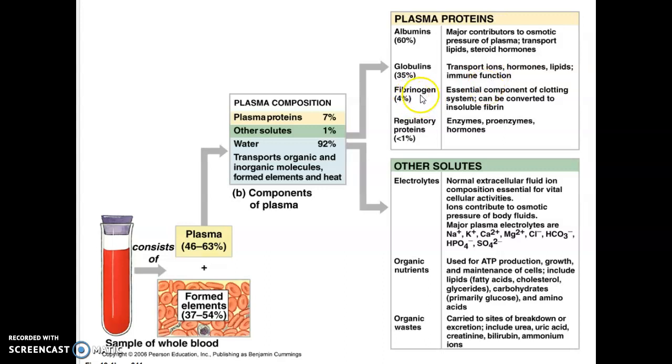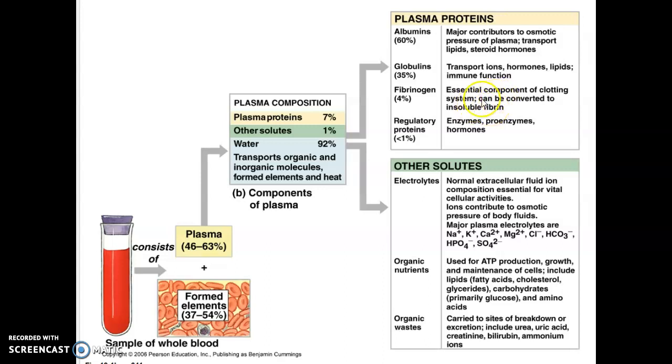Okay, we have a plasma protein called fibrinogen, and it is something that is converted from a fluid type into an insoluble type. We can't have an insoluble thing floating around in our blood, so it has to be soluble as fibrinogen, but it also needs to be converted into an insoluble strand called fibrin, so it can actually be used to help clot.